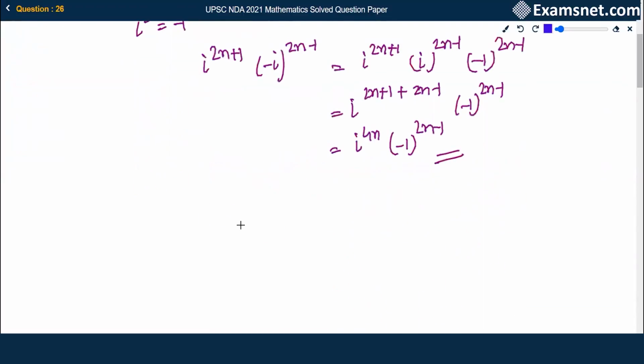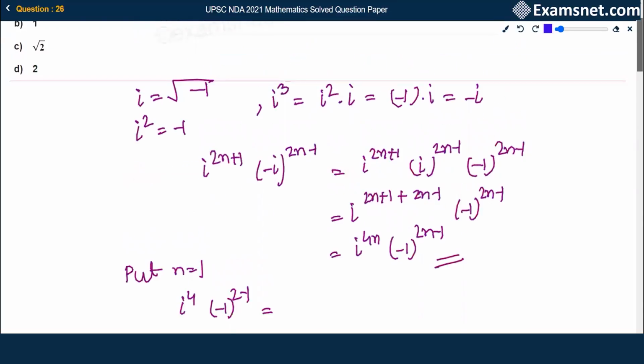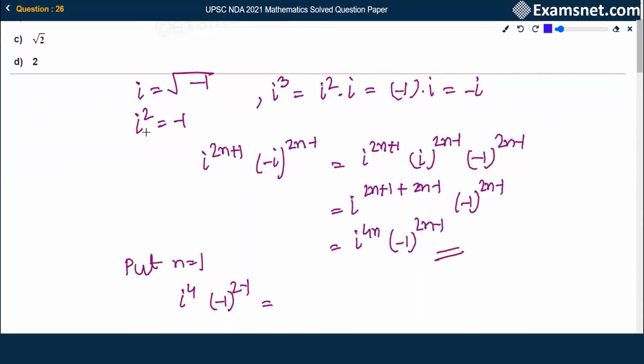Now let's think, put n equals to 1. If I put n equals to 1, we will get i to the power 4, minus 1 to the power 2 minus 1. So i to the power 4, let me tell you, whenever the power of i is an even number, we always get, okay, i square multiplied by i square.